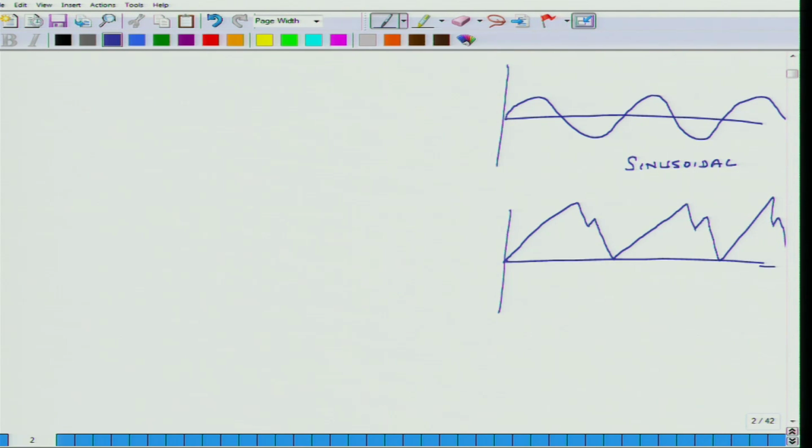The point I am trying to make is that a periodic function need not be only sinusoidal in nature. As long as a function repeats itself, it is a periodic function. Sinusoidal functions are a particular type of periodic function, but those are not the only periodic functions there are.